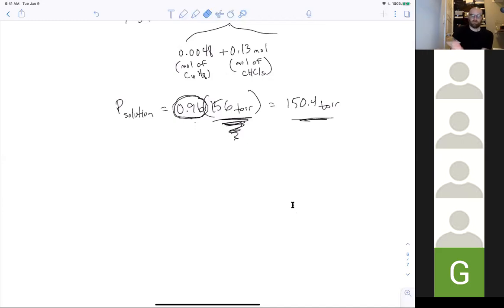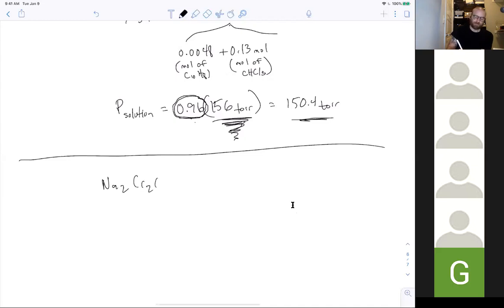The ionic equation for this one is, I guess not so bad, but maybe a little bit trickier than some of the other ones. So this is sodium dichromate. And when you put it in the water, it breaks up to sodium plus and just the dichromate anion. So you get one of these. So i should equal 3 for this.